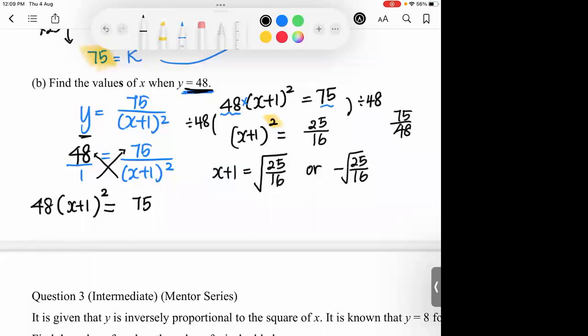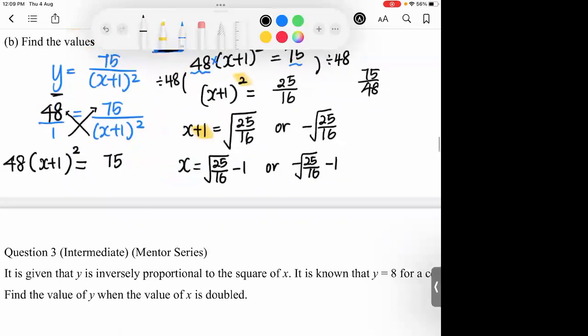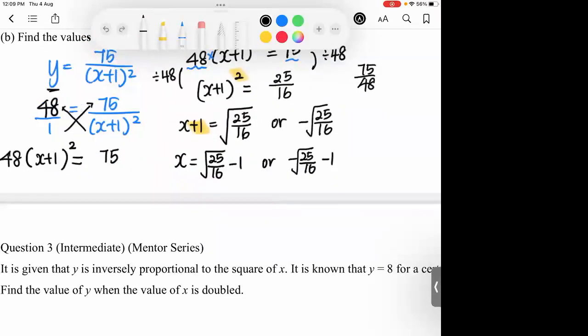Okay, next one. So now the next step is I only want to get x. I don't want this plus 1 over here. What am I going to do? I need to subtract 1 on both sides. Then I leave it to my calculator to get my answer.